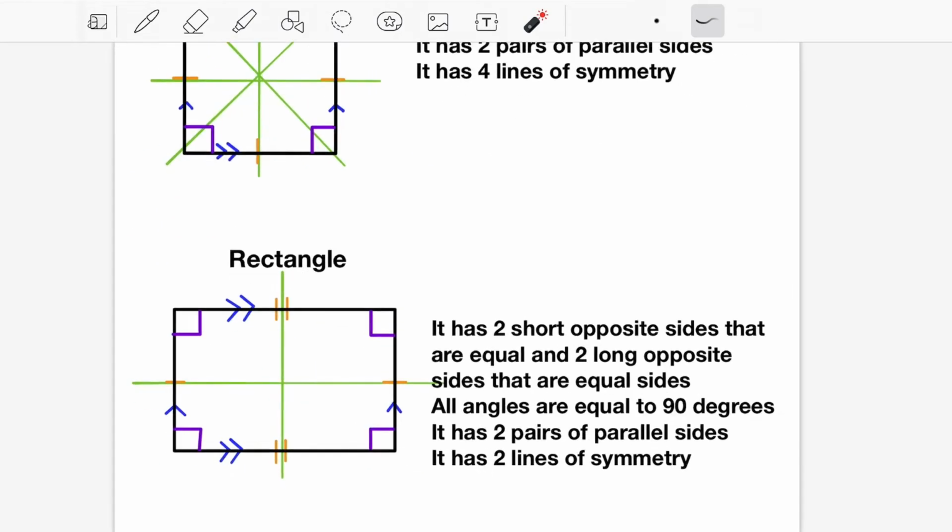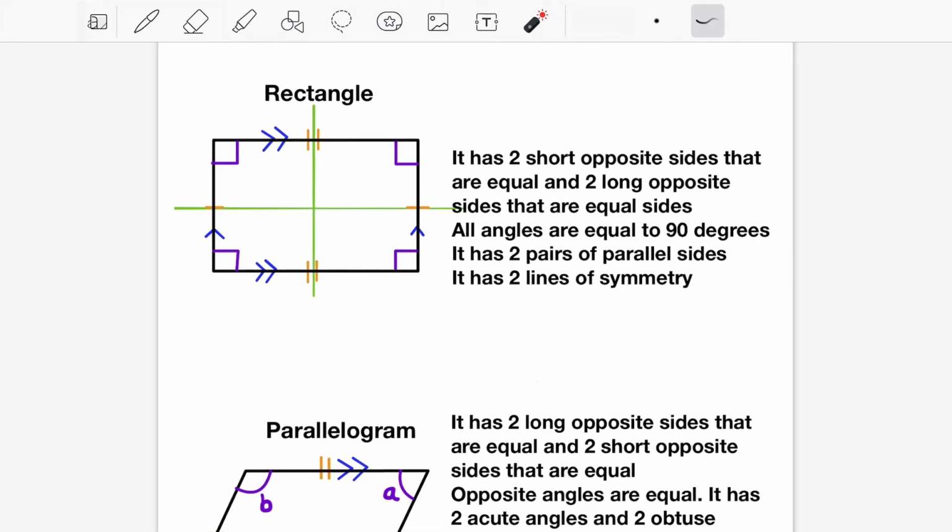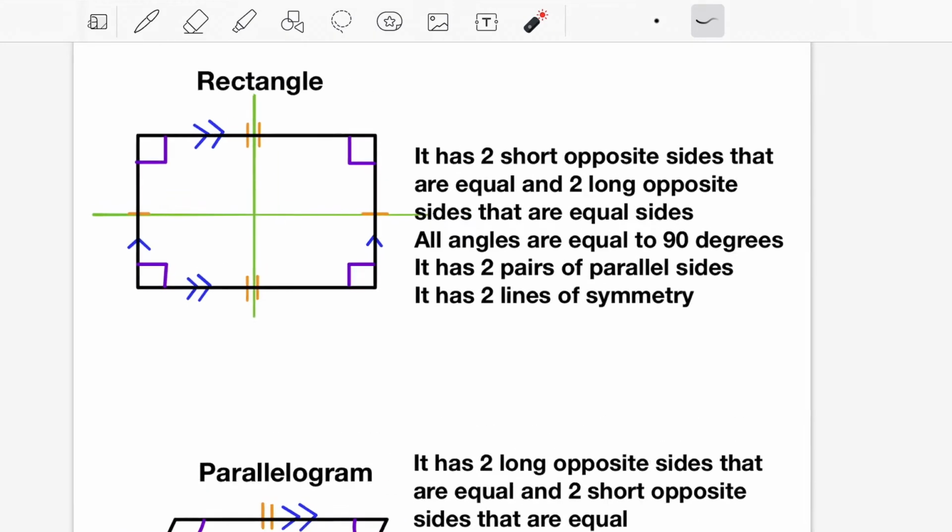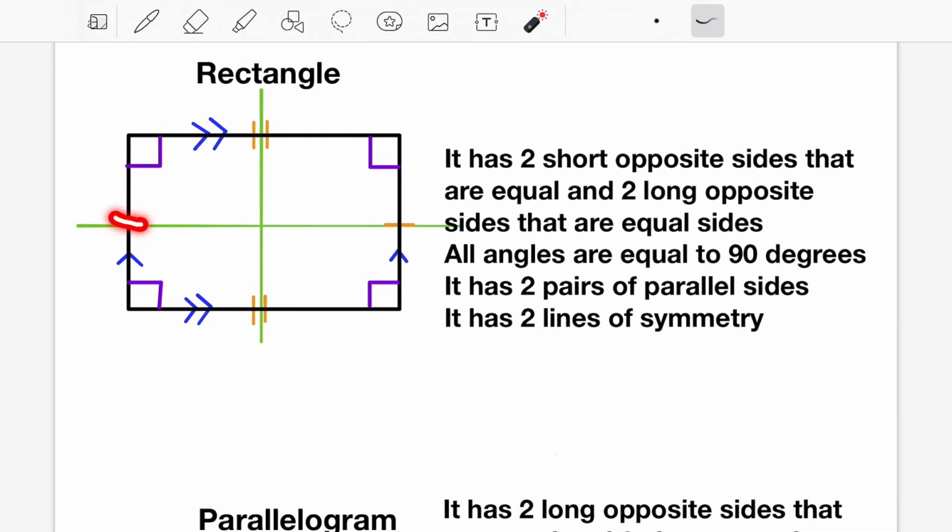Next, quadrilateral, the rectangle. A rectangle has 2 short equal sides. Notice that the long sides, we have a double dash to differentiate from the short sides, or to show that it's a different length from the short side.